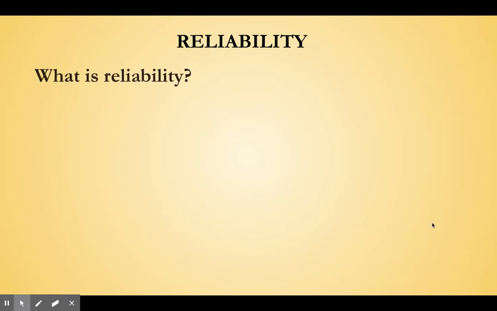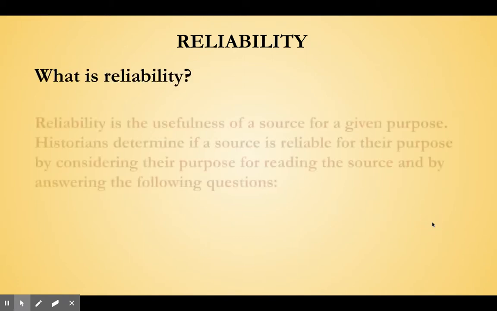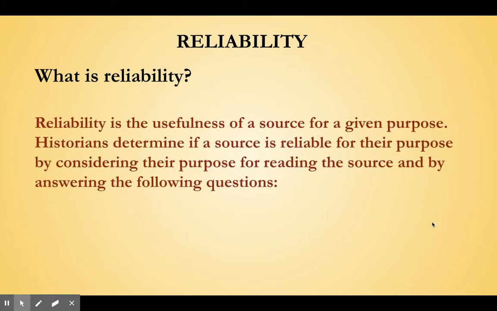Okay, what is reliability? And this is on the top of your video or your page 21 in your workbook. And it says reliability is how useful a source is for a given purpose. Okay, historians decide if sources are reliable for their purpose by considering their purpose for reading the source.